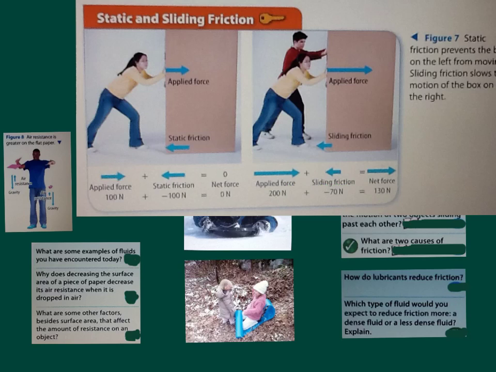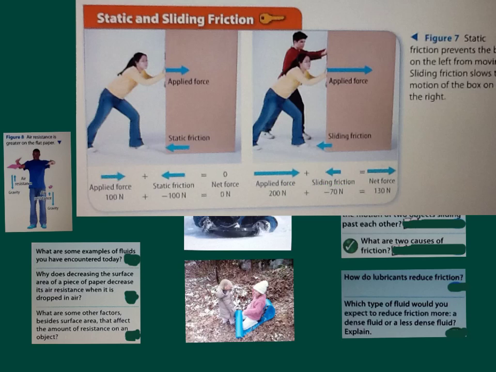I want you to understand that in order to move an object, you first have to overcome that static friction between the object and the surface with which the object is in contact. To keep the object moving, you have to apply enough force to overcome sliding friction. The object stops moving when the applied force is less than or equal to the sliding friction.